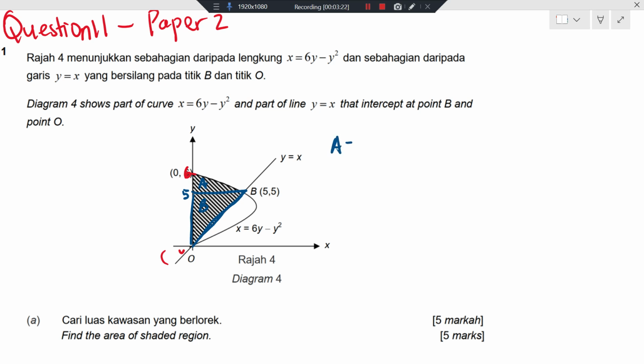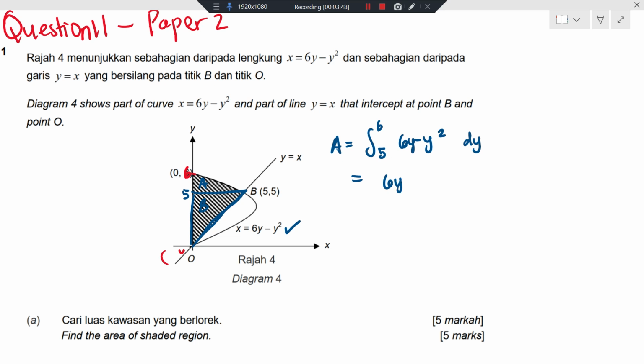So the area of A goes from 6 to 5, and you want to use dy. So use your x, 6y minus y square. Then evaluate this value.